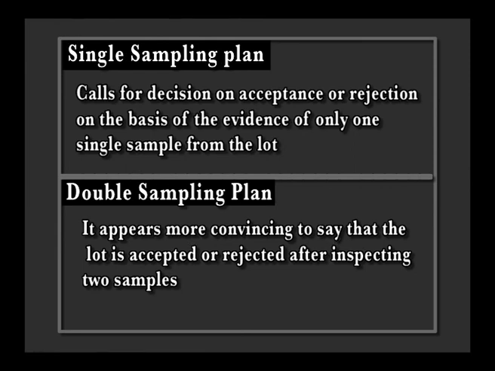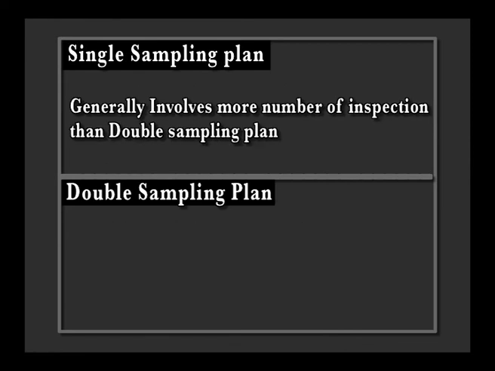Double sampling plan appears more convincing to say that the lot is accepted or rejected after inspecting two samples. Single sampling plan generally involves more inspection than double sampling plan.